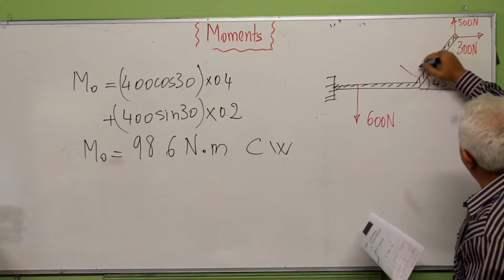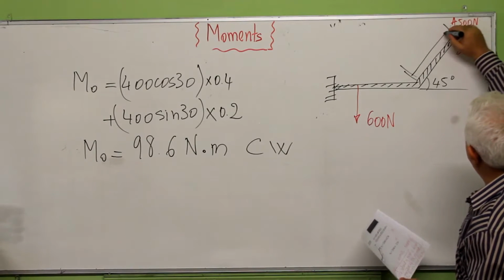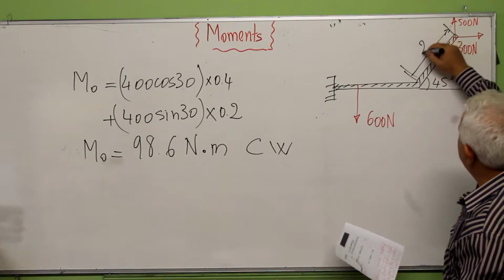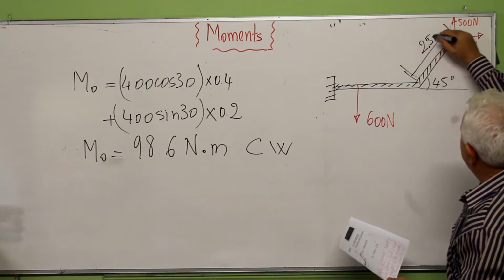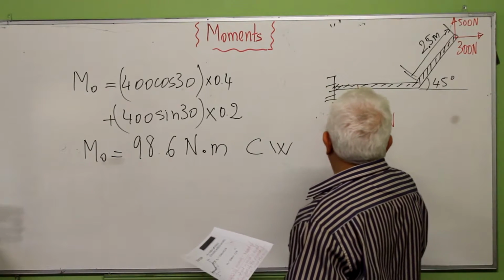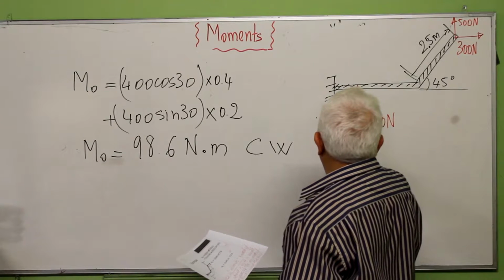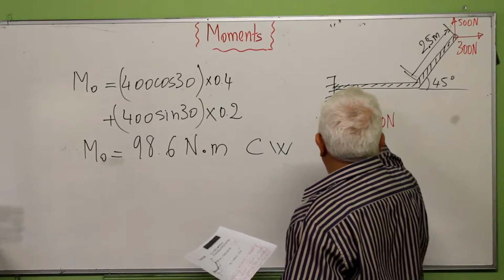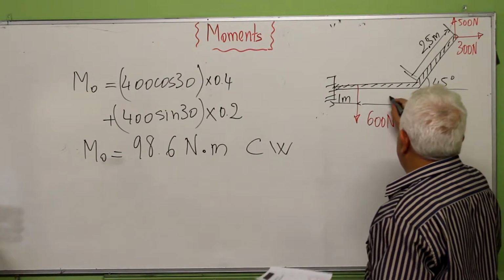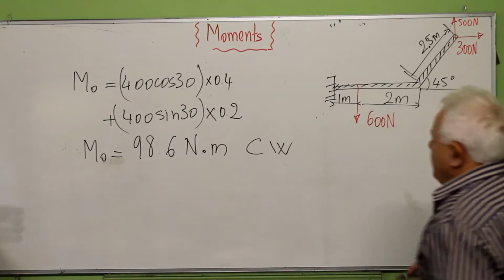This distance from here to here is 2.5 meters. From here to here, 1 meter, and here 2 meters.